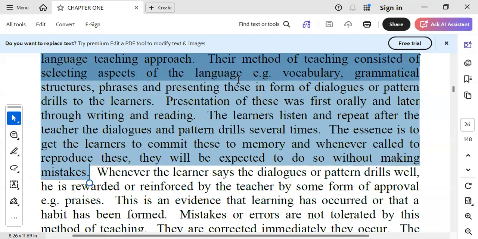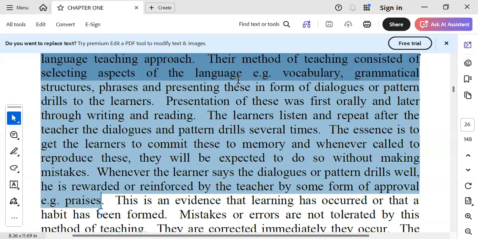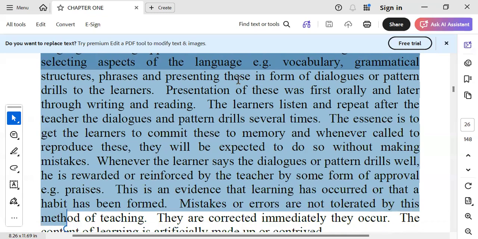You see that kind of method of teaching. Whenever the learner says the dialogues or pattern drills well, he is rewarded or reinforced by the teacher with some form of approval, for example, praise. This is evidence that learning has occurred or that a habit has been formed. Mistakes or errors are not tolerated by this method of teaching.